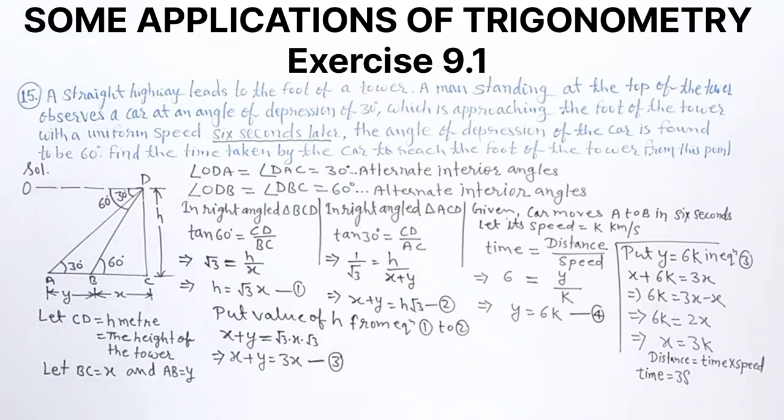Observe what we are doing in this question. We have one car, and the car is moving towards the foot of the tower with uniform speed. First, when we observe from the top of the tower, the angle of depression is 30 degrees. After 6 seconds, the car reaches this point, and we want to find the time taken to reach from this point to this one. So first we consider this right triangle, then we consider this right triangle.